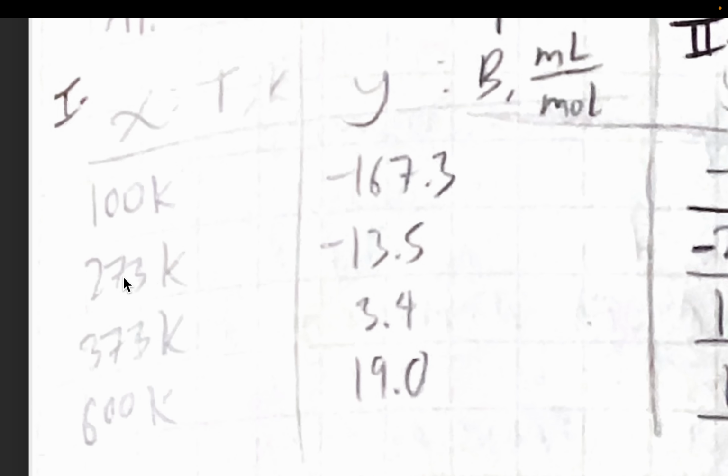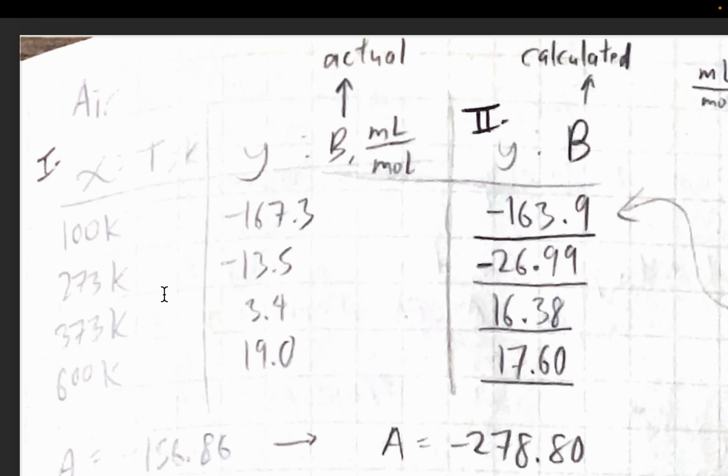So that's between 273 and 373 Kelvin, right? Negative 13.5 to 3.4. That's when the signs changed. So the answer is most likely between 273 and 373 Kelvin.